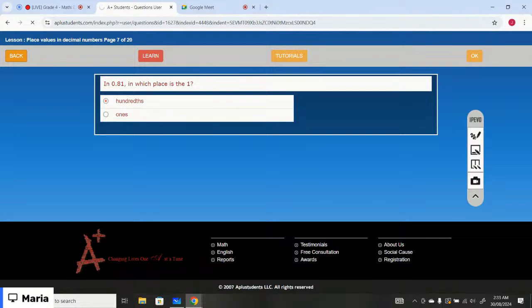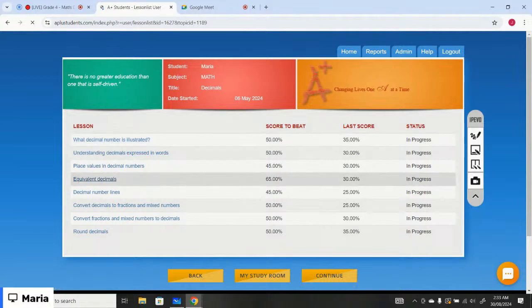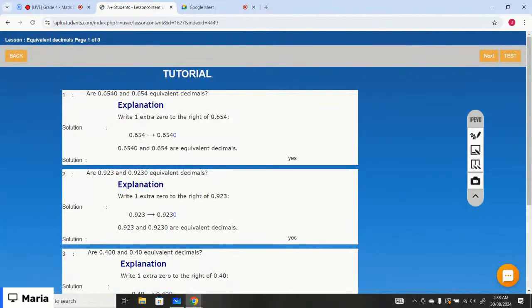And the next lesson is equivalent decimals. Let's just start with the lesson. Are 0.6540 and 0.654 equivalent decimals?